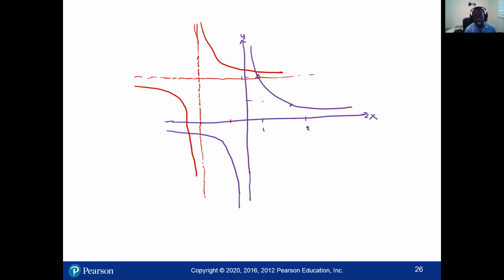So what is happening is that this point here, which is 1, 1, goes 2 units to the left and goes up 1 unit. So it became this point.